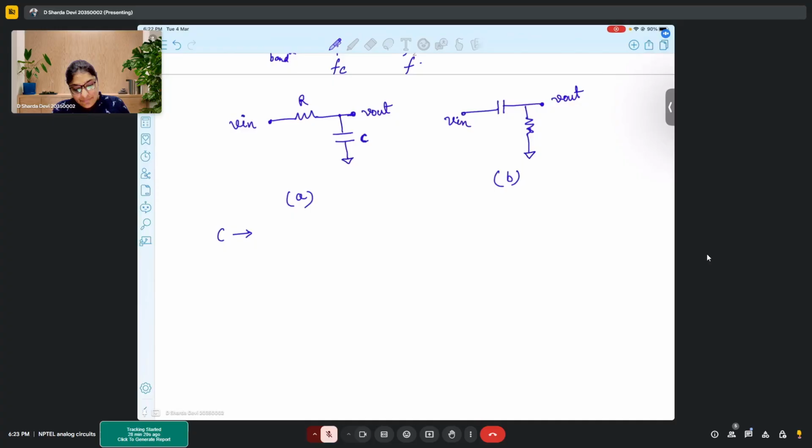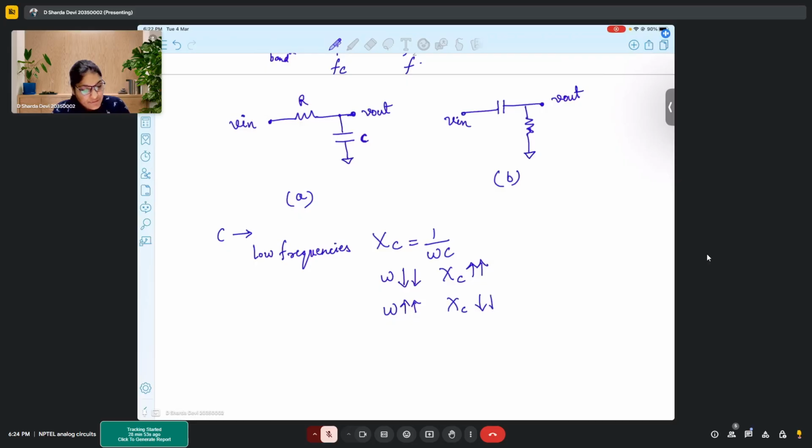Now for a capacitor, for low frequencies, we know that Xc is 1 upon omega C. So as omega reduces, Xc starts to increase, and as omega increases, Xc starts to reduce.